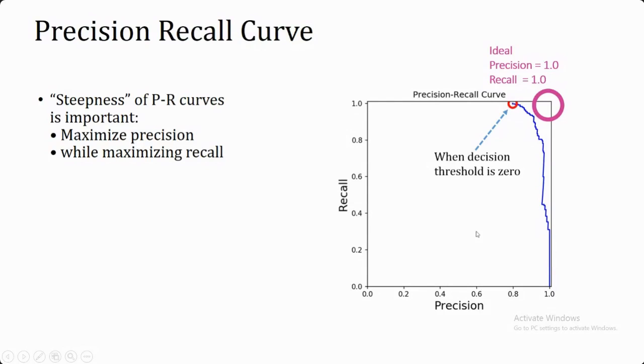Like in this particular case, it is approximately 0.7 or 0.8, I think. So it could be this for your precision, but recall is 1. In another case also, if you set the threshold at 0, recall will be 1, but the precision is going to be different. So that you can try.